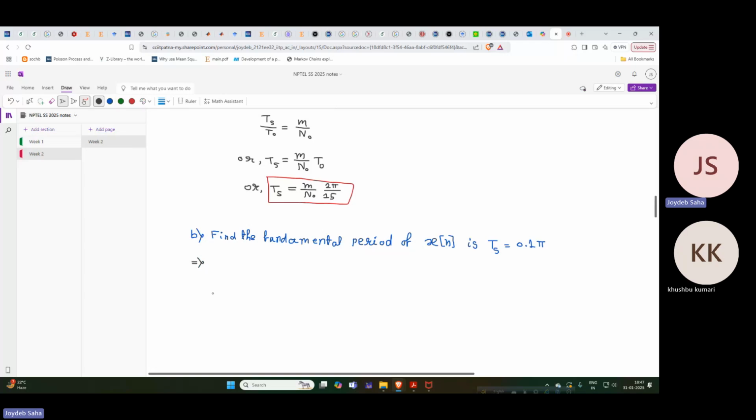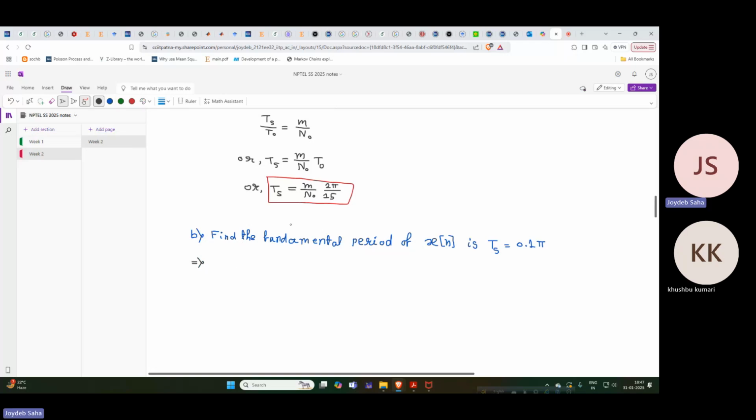Normally m is 1 for the fundamental period, but we have to check the lowest value of m for which N0 will be an integer, right? So let us solve it, then you can understand it in a better way.